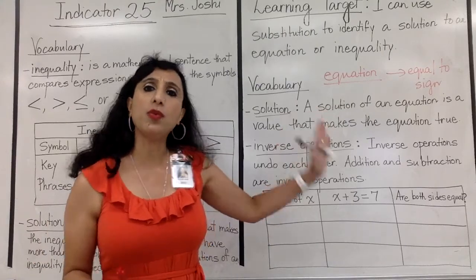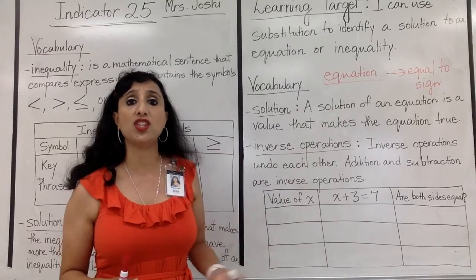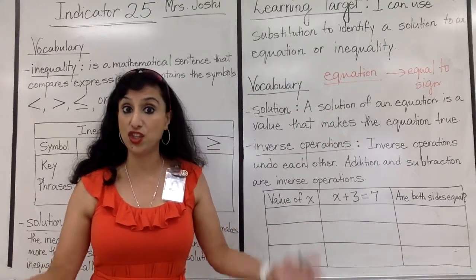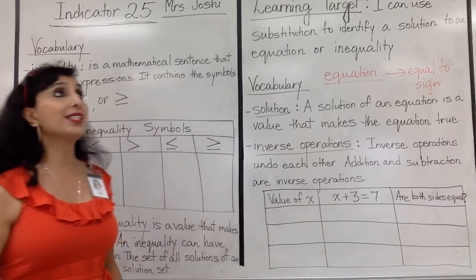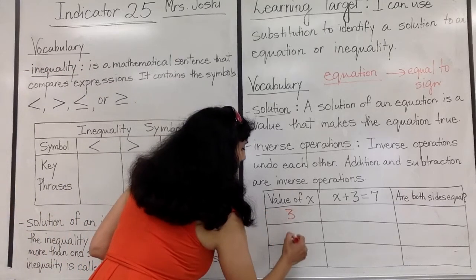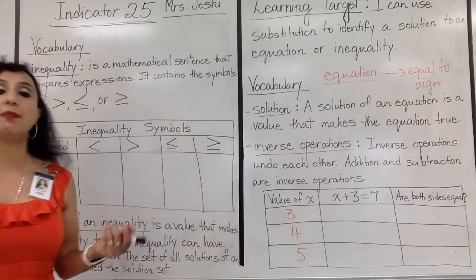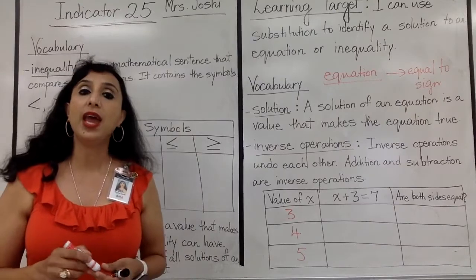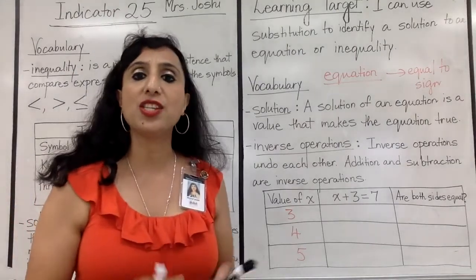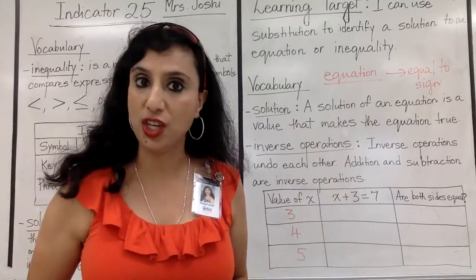So let's talk about what we just said. We said a solution of an equation is a value that makes the equation true, okay? So let's say I give certain values, which are 3, 4, and 5. These are the values that I am providing, okay? Then I'm saying x plus 3 is equal to 7. So that is my equation.